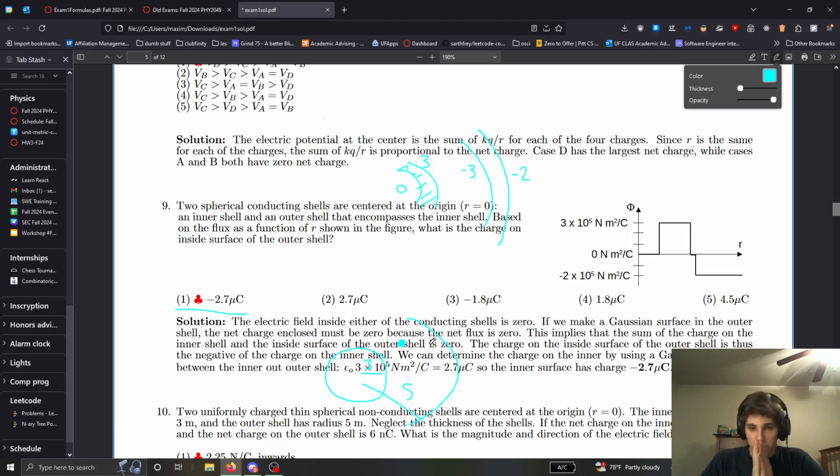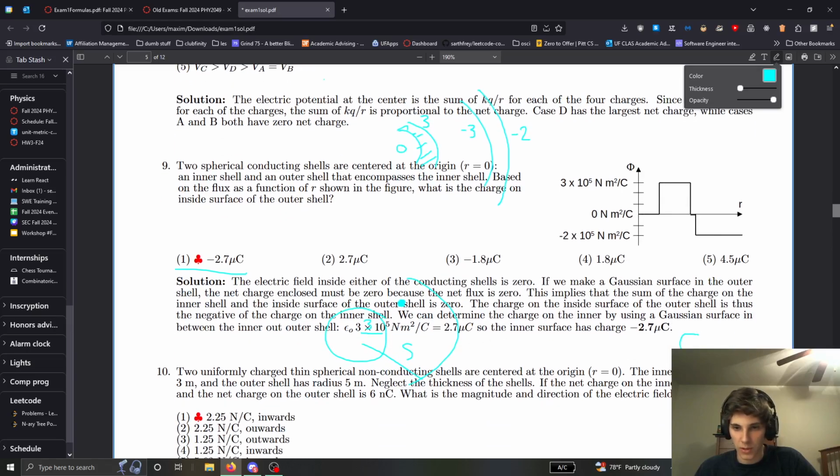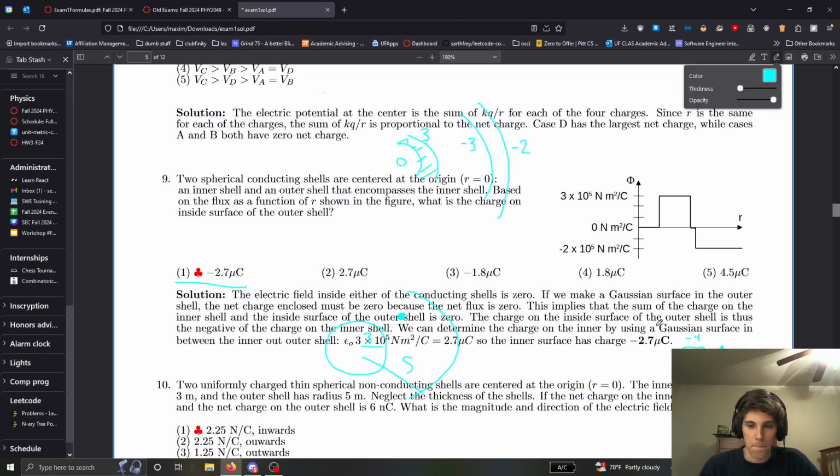Now, first thing to note is that the outside shell we don't care about, because the electric field inside a shell doesn't matter. So we can completely simplify this problem into just this shell of radius 3 with a net charge of -4 and this point here.